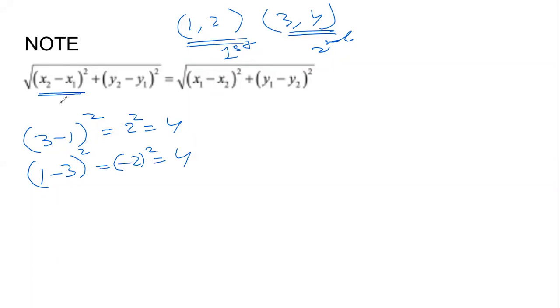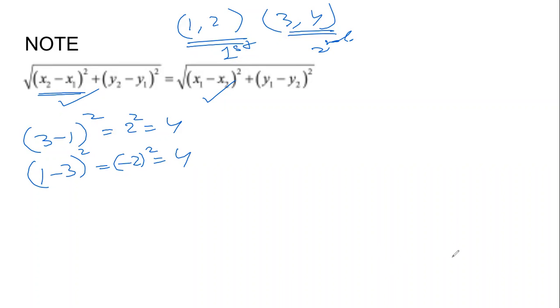That means it doesn't matter whether we write x2 minus x1 or x1 minus x2, they are the same. Because we are squaring the difference. It will always be positive. Doesn't matter हम किसको किससे minus कर रहे हैं, बड़े से छोटे को या छोटे से बड़े को. Same thing happens with y2 and y1.